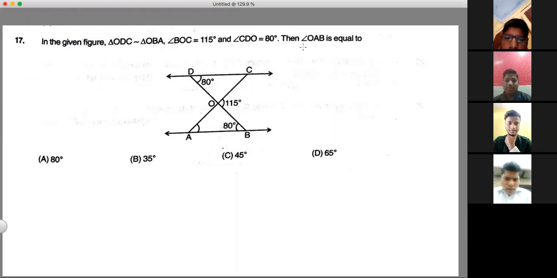We have to find OAB. First we will find angle DOC. We will subtract 115 from 180. BOC, yes. So what will that be?